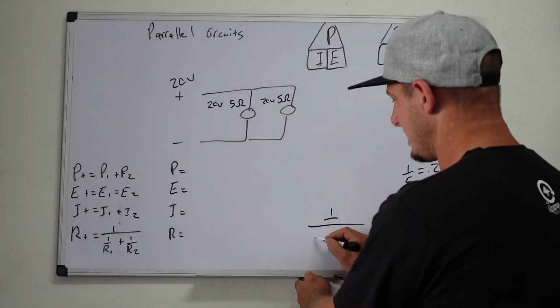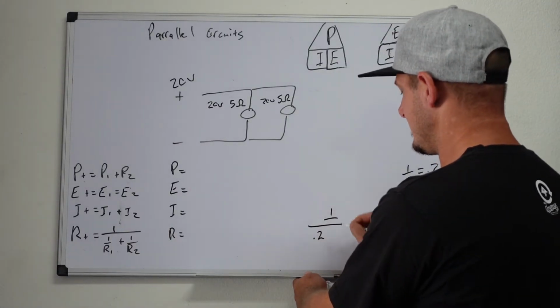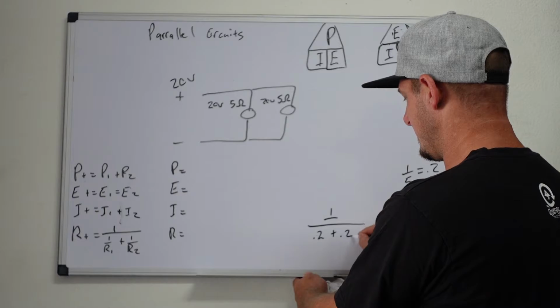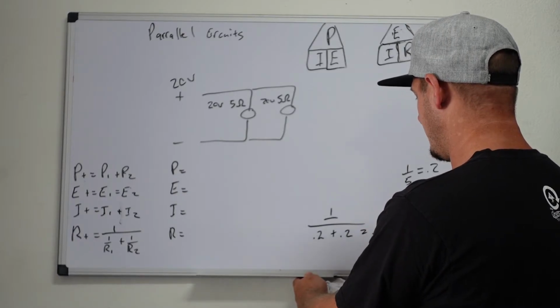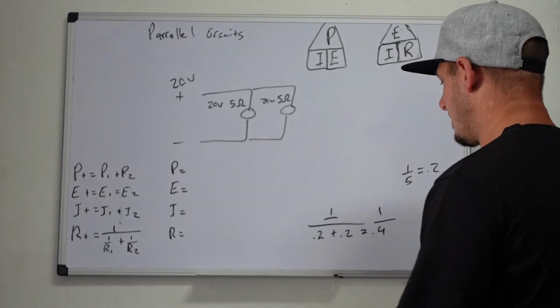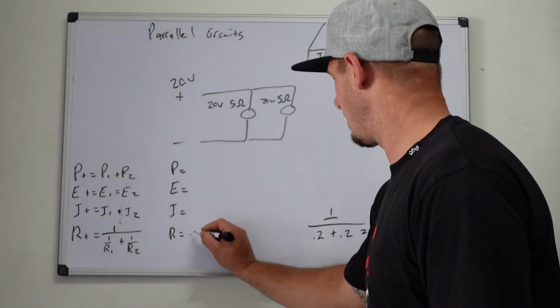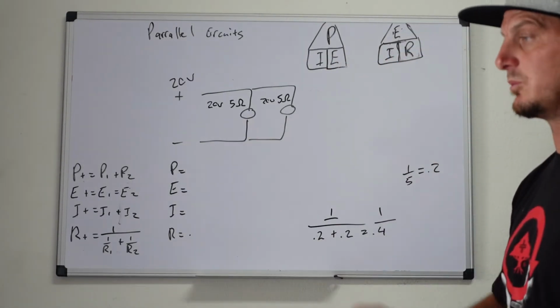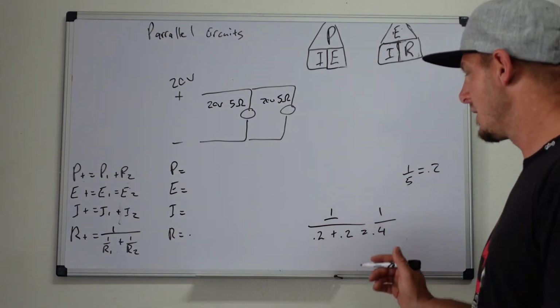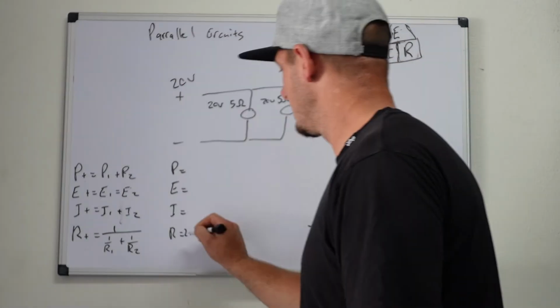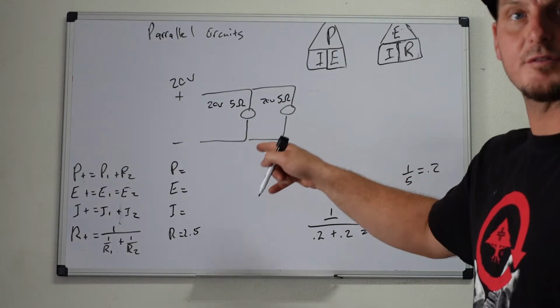Because they're the same, 0.2 plus 0.2 is equal to 0.4. Then 1 divided by 0.4 is going to be 2.5, which is lower than 5.